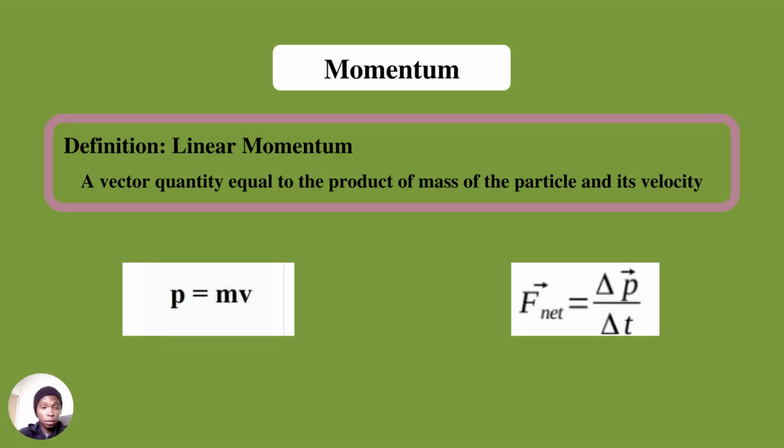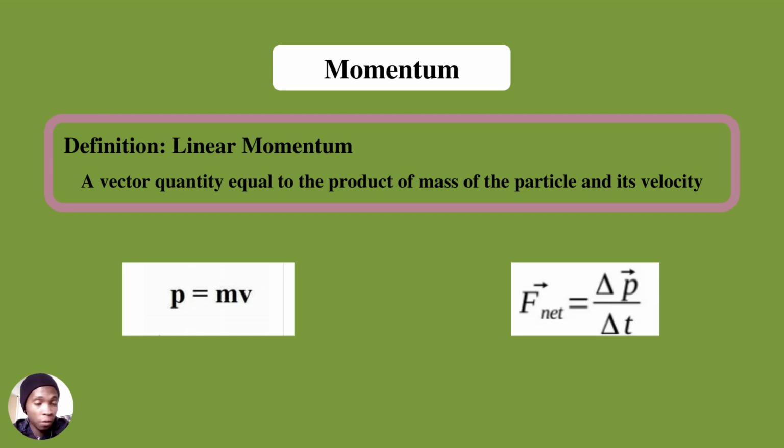Then we come into momentum. So what is momentum? At this level, you're going to be dealing with linear momentum. When you continue with your studies, you're going to see that there's actually more than one concept of momentum, which is angular momentum.